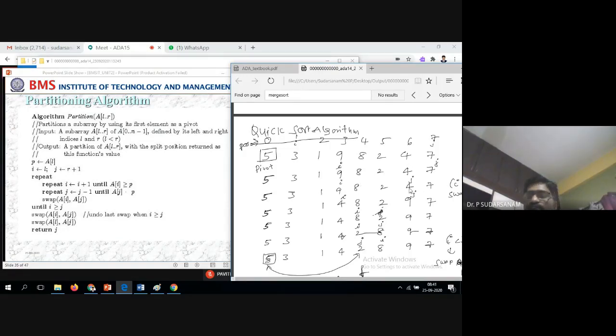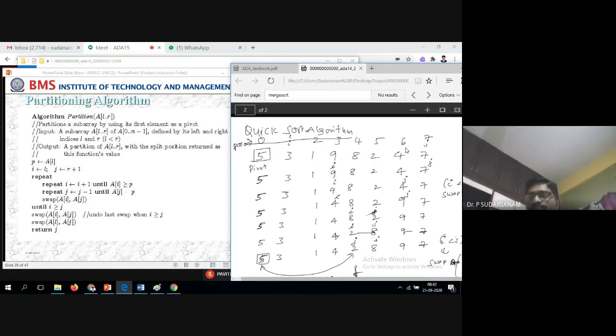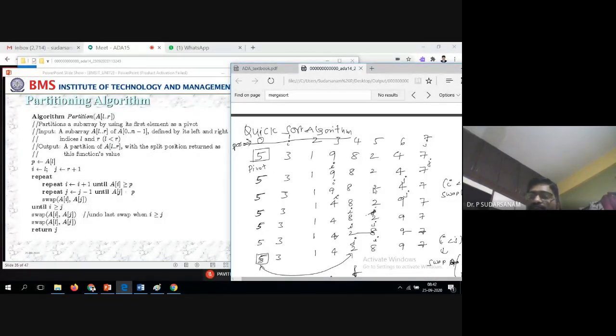Now what I've told you is, if I is less than j, positions I is less than j, swap a of I comma a of j. Now see here, I have written a of I comma a of j. That means until I is greater than or equal to j, till you do the process.